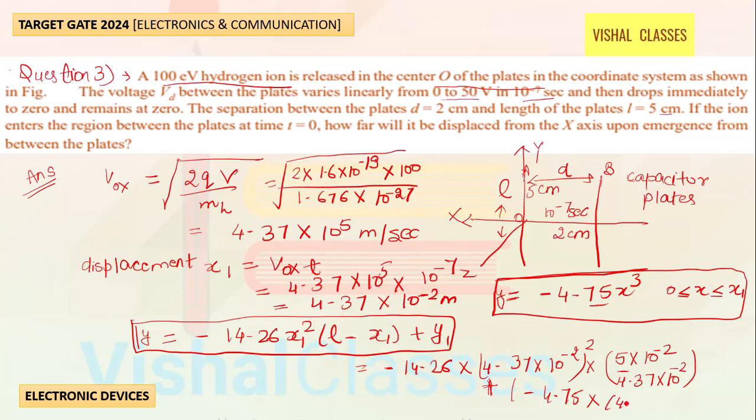In the GATE exam this complicated value will not be given, only easy values will be given. I have already evaluated it, and this value comes out to be minus 0.056 centimeter.